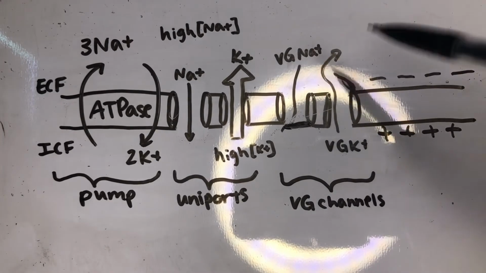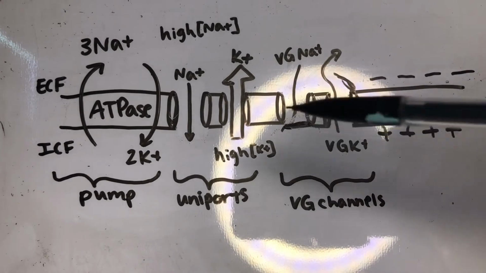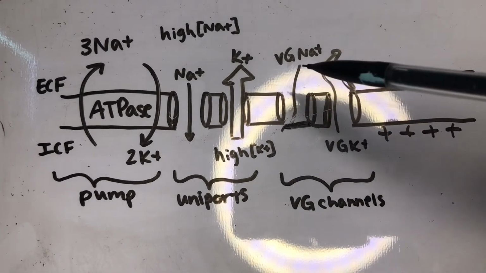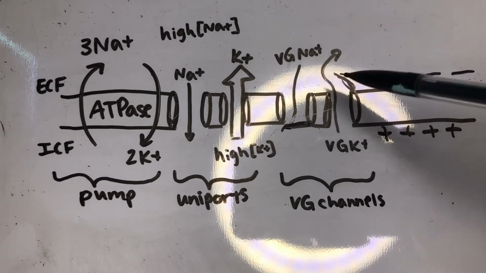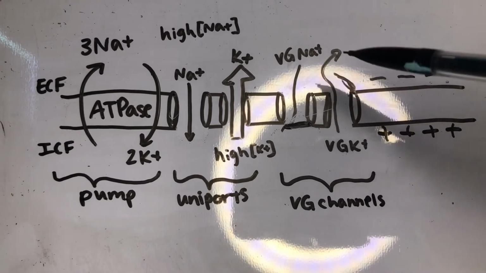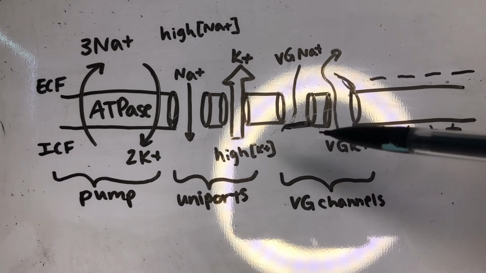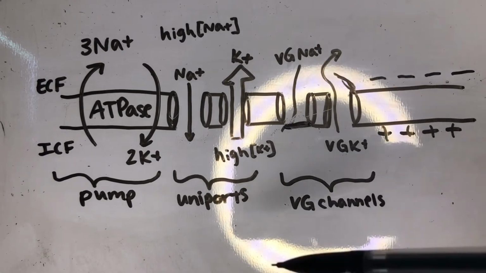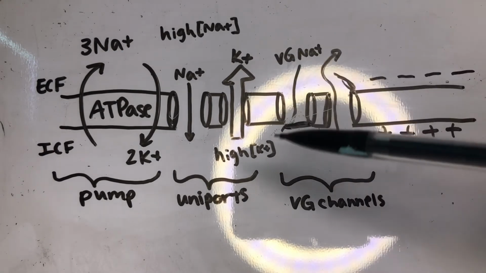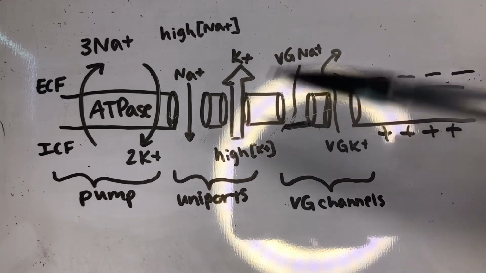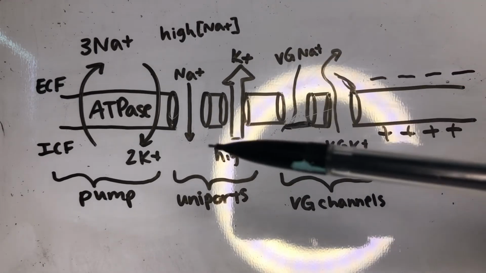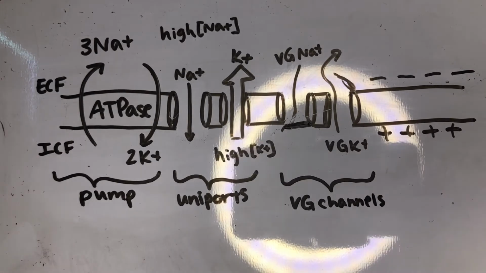Once we reach 30 millivolts, the voltage-gated sodium channels are going to close, as we see here. And the voltage-gated potassium channels, as we see here, are going to open. Again, these don't open until repolarization. This is going to allow for a potassium efflux, or outgoing, via simple diffusion that decreases the membrane potential from 30 millivolts, very high, very positive, to negative 90 millivolts, which is causing a hyperpolarization.